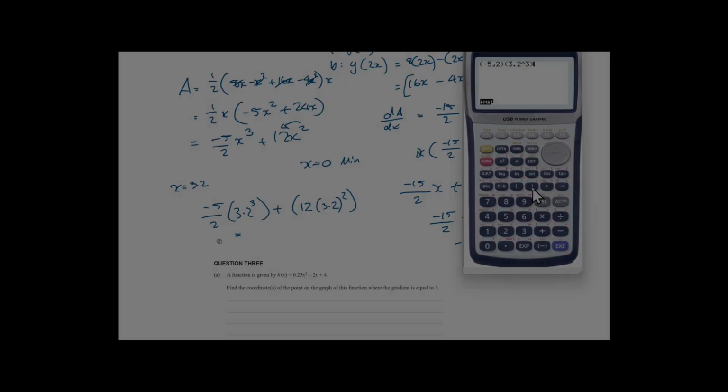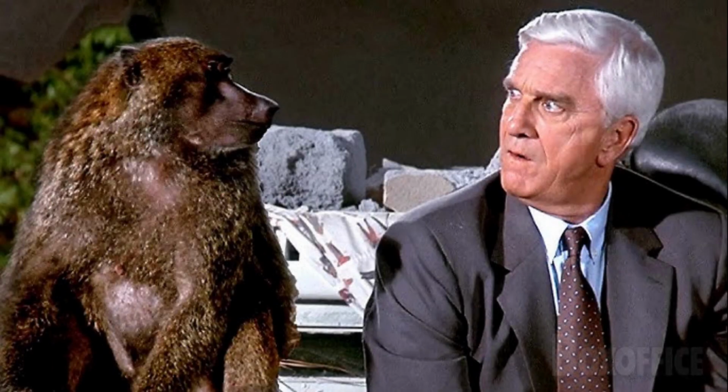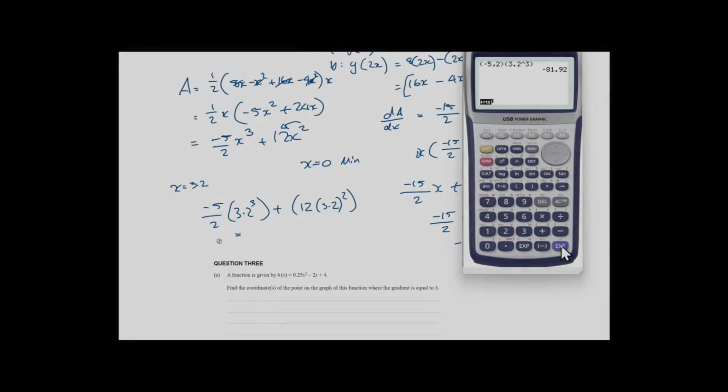Just being really paranoid now. Plus brackets 12. I'm putting in just way too many brackets. 40.96.